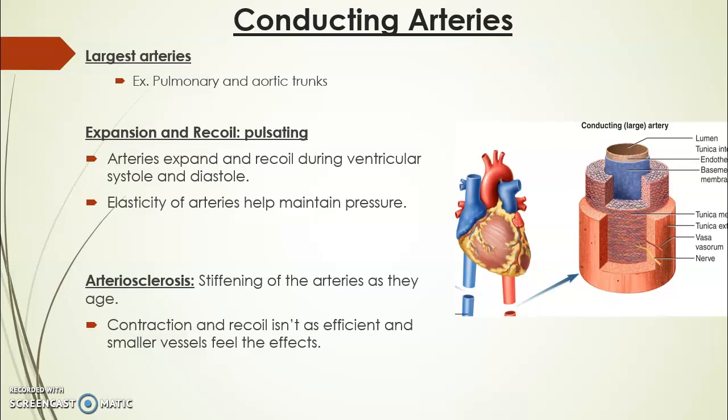We're also going to see that they have a great amount of elasticity, meaning that they can expand and recoil on their own as well. Now, arteriosclerosis is a disease that happens when these vessel walls begin to stiffen. When they begin to stiffen, then they cannot expand and recoil or move like they should.